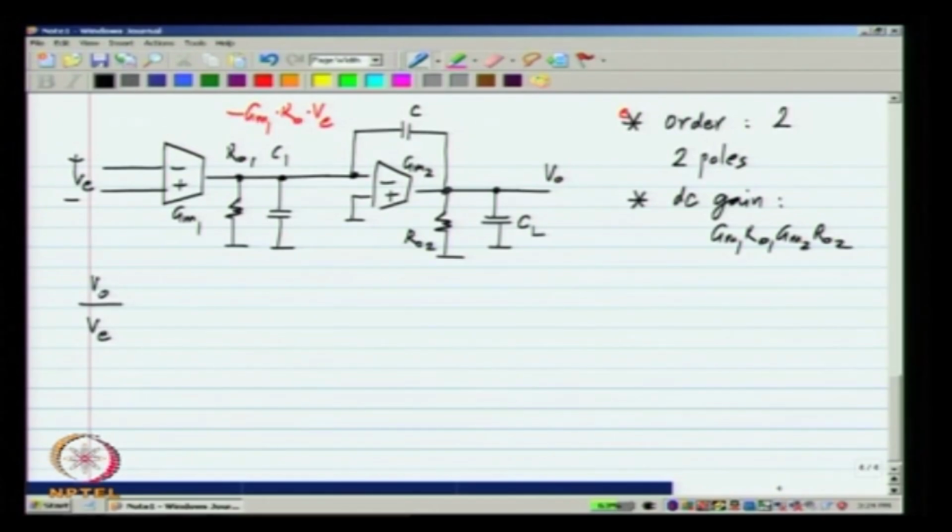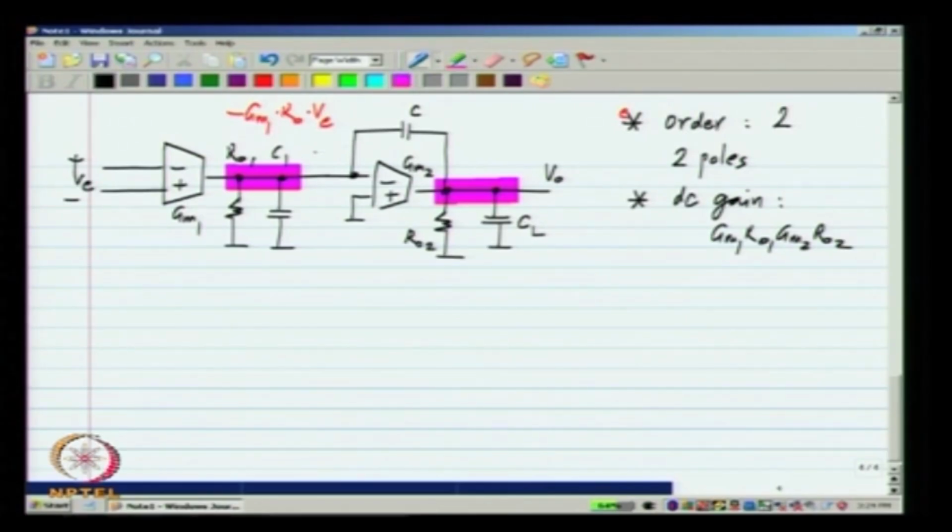So, now let us do the analysis. This circuit has two nodes, and by writing KCL equations at these two nodes, we can find out all the voltages and currents in the circuit.